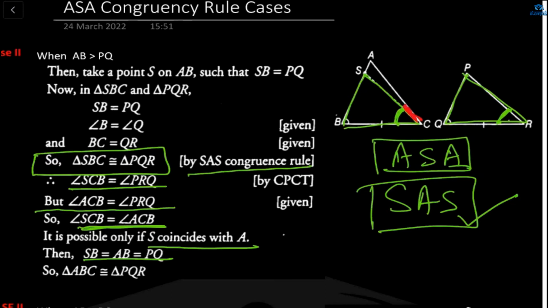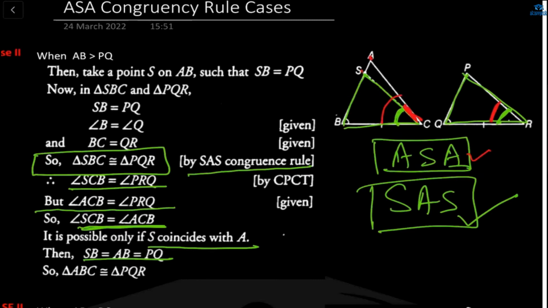But it is already given to us that angle ACB is equal to angle PRQ. This whole angle ACB is equal to this angle, which is given in the starting. So how can this be possible? Only if S coincides with A. S is nothing but A. So coinciding with A, that means SB is equal to AB is equal to PQ. That means the condition is sufficient to prove that the two triangles are congruent.